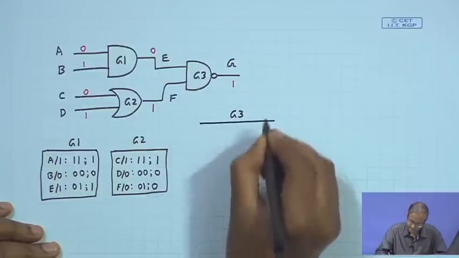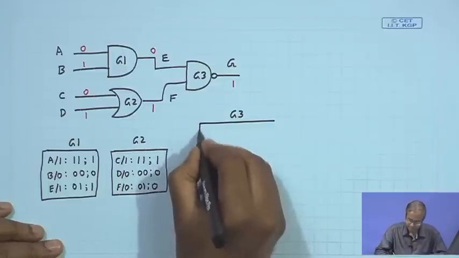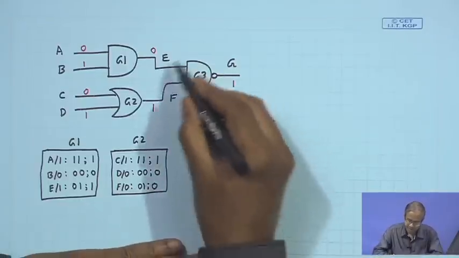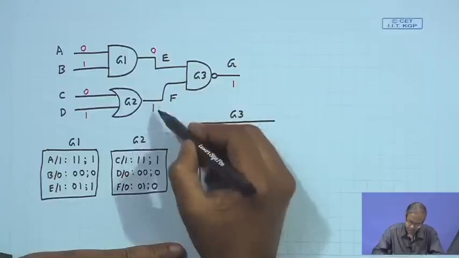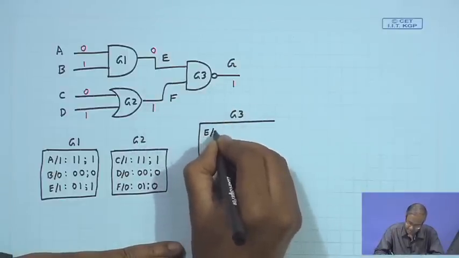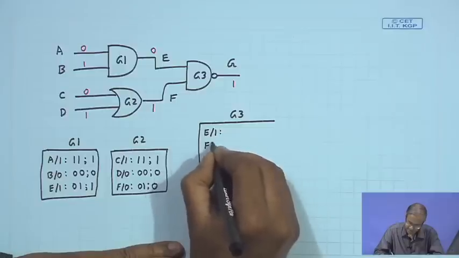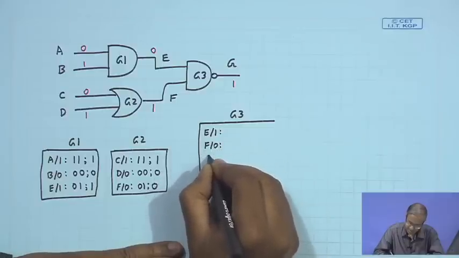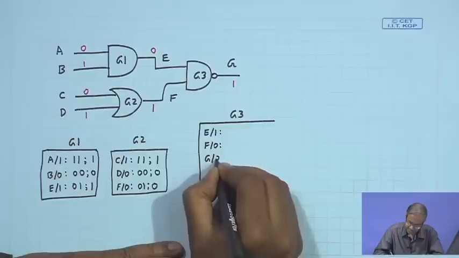Now, let us come to G3. So, here we shall see how fault lists are propagated. Okay, first let us look at the local faults 0 1 and 1. So, the faults will be E stuck at 1, F stuck at 0 and G stuck at 0.